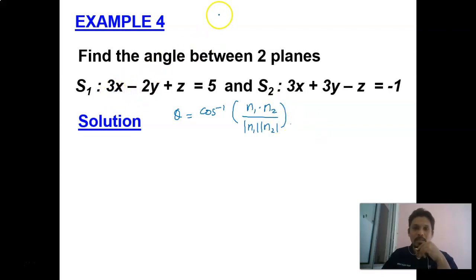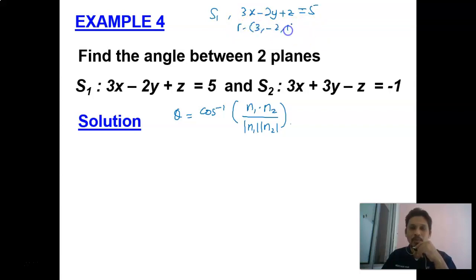Now from this case, S1 is 3x minus 2y plus z equals 5. It is r dot n, where n is 3, negative 2, and 1, equal to A dot n, which is equal to 5.